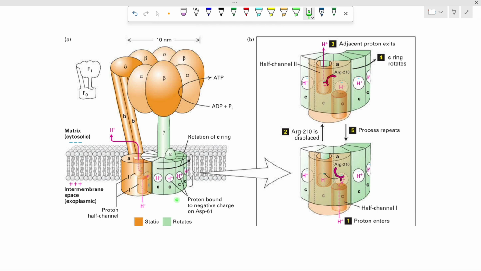Now, if you zoom in on this c-ring structure, you will find that protons move through this half channel 1, and the C subunit that is close to half channel 1 is empty. Now, because there is a negatively charged amino acid, aspartate 61, the negative charge is neutralized by another amino acid present in this A protein, called arginine 210.